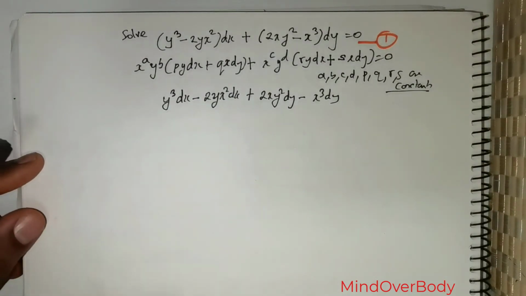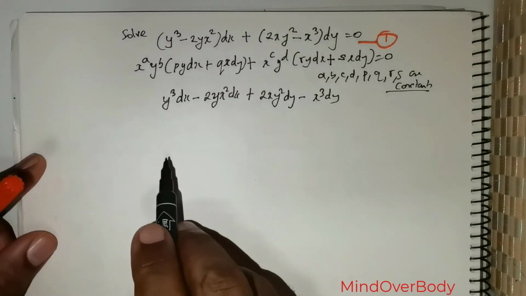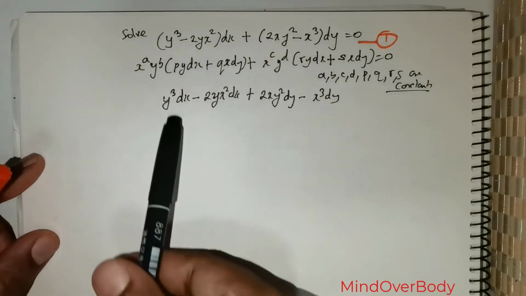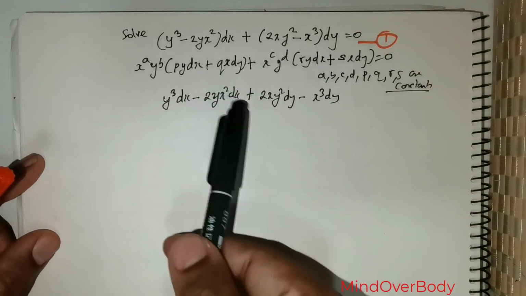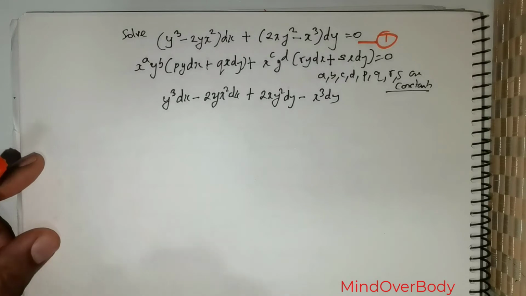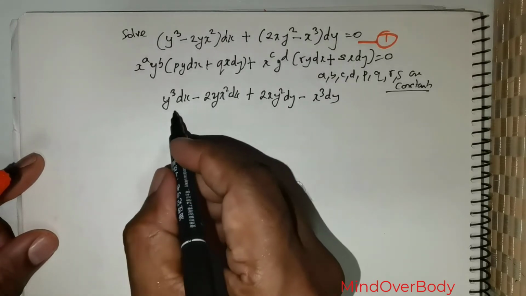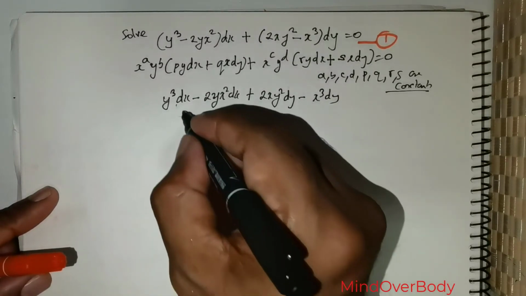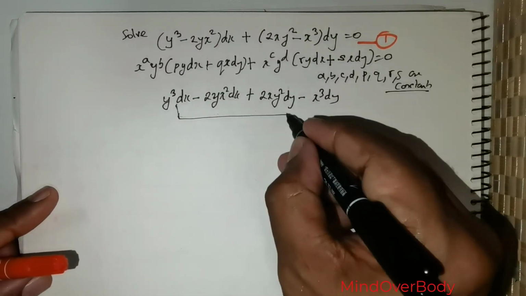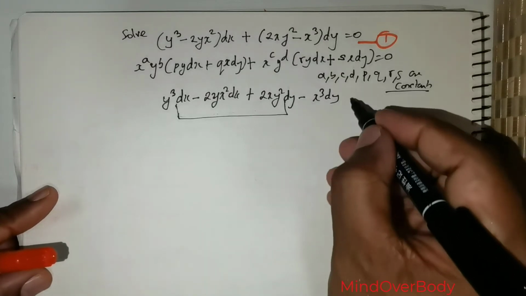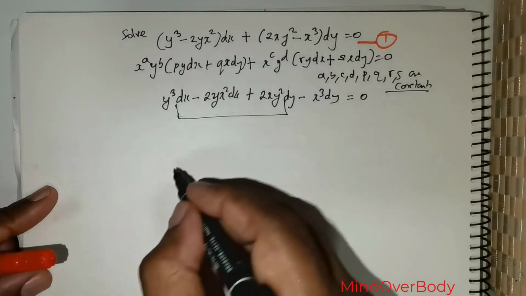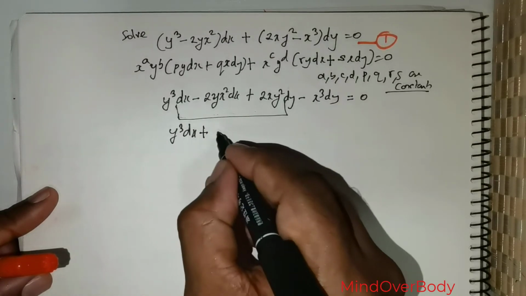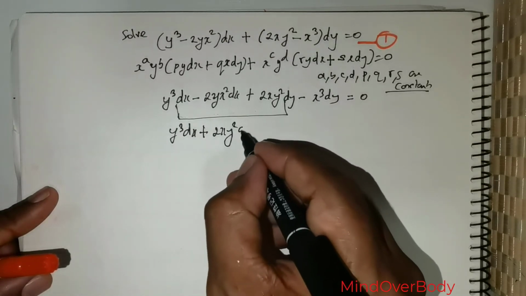So I will have to suitably club the terms so that for every dx I have a dy, and let's do that. Foremost, I will take these two together and club them. On the right hand side I have 0, so I will write y cubed times dx plus 2 times xy squared times dy.